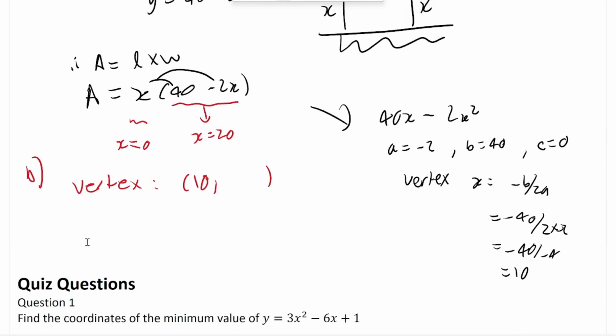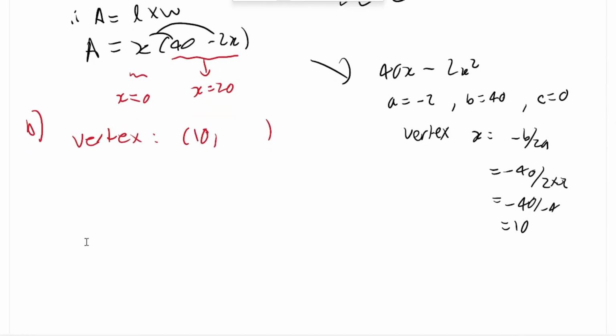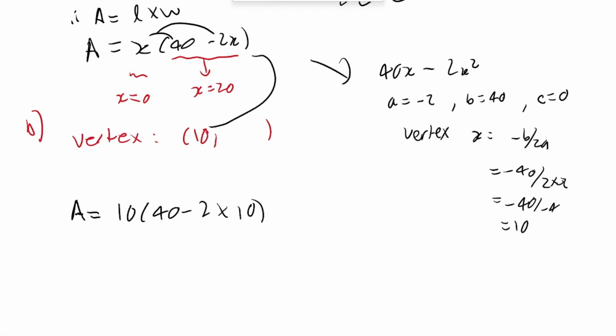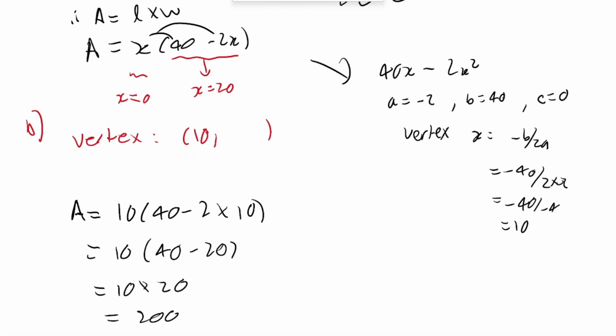So whatever way you want to do it, the vertex has an x coordinate of 10. Now to get the area, we're going to go 10 bracket 40 take 2 times 10. That's plugging the 10 back into that equation up there. So that's going to give us 10 times 40 take 20, which is 10 times 20, which is 200 meters squared.